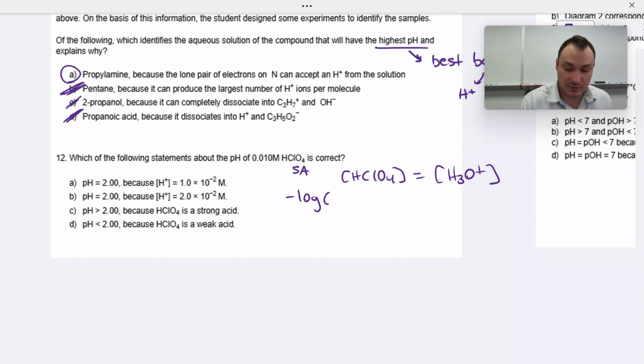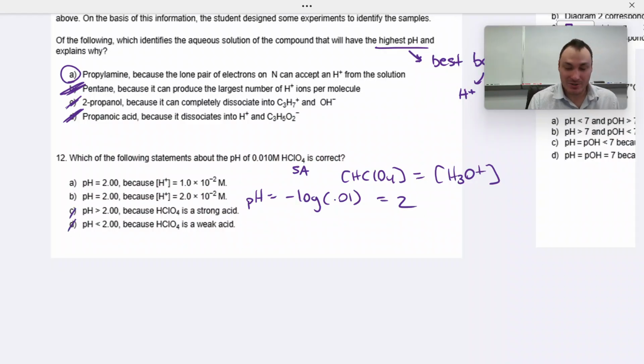So if we do the negative log of 0.01, which is 2, we know the pH is equal to 2.